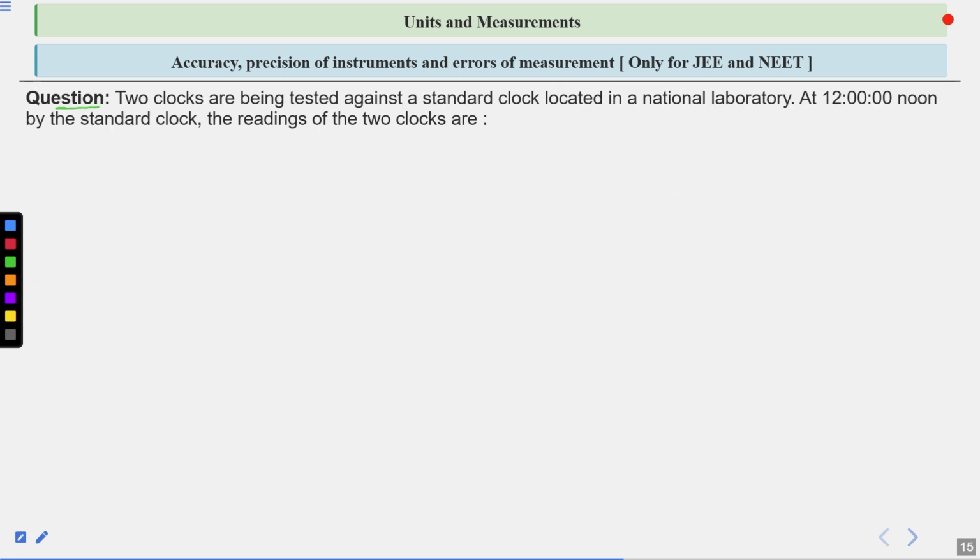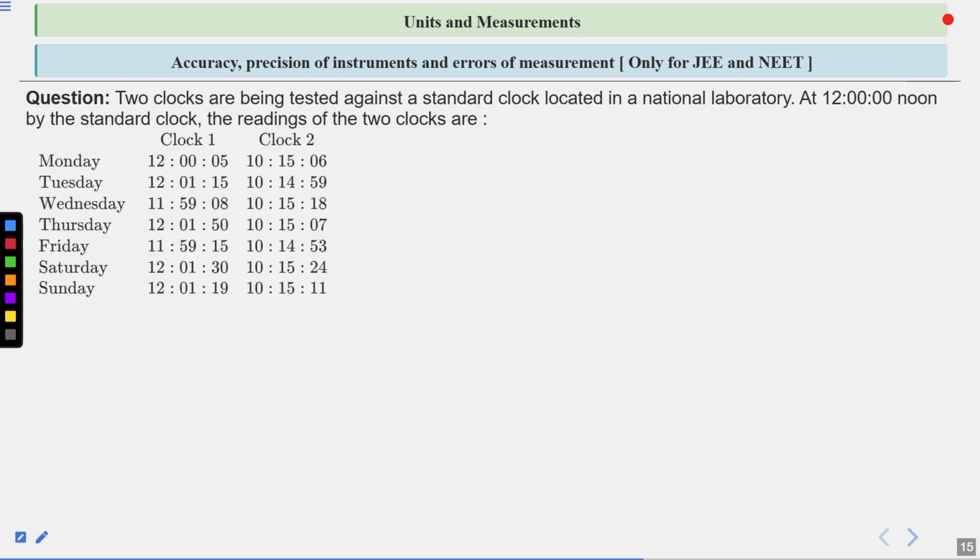Two clocks are being tested against a standard clock located in a national laboratory at 12 noon by the standard clock. The readings of the two clocks are given for Monday, Tuesday, Wednesday, Thursday, Friday, Saturday, Sunday, for clock first and clock second.